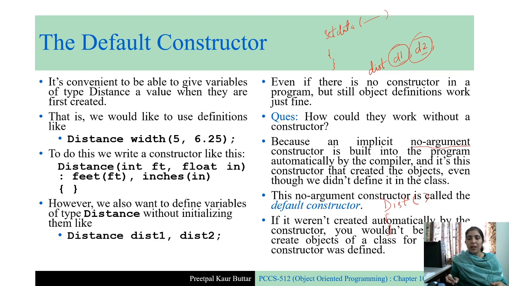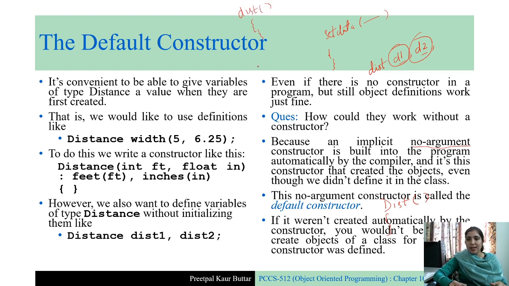But if you create your own constructor, what will happen then? In that case, the compiler will not create its own default constructor. For example, suppose you created your own constructor, distance.